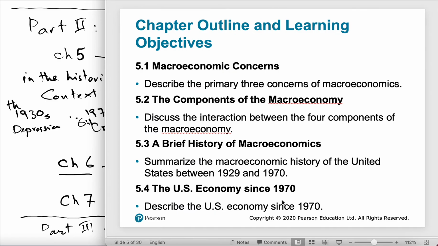And the learning objectives of this chapter are the macroeconomic concerns, as I told you. So we are going to define those 3 major macroeconomic problems: growth, unemployment and inflation.